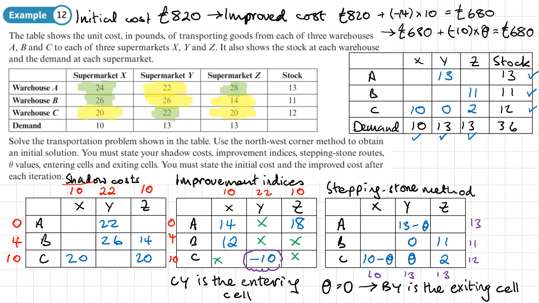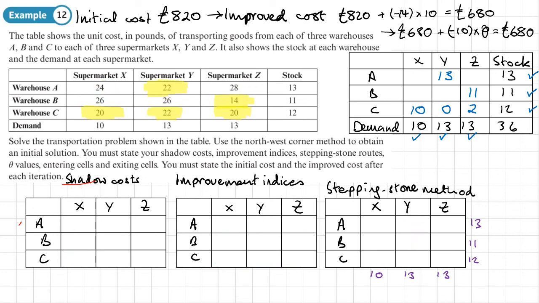So now we're going to calculate our shadow cost. I've highlighted the cells that we're going to use: 22, 20, 22, 14 and 20. Starting with a source cost of 0, which means this needs to be 22.